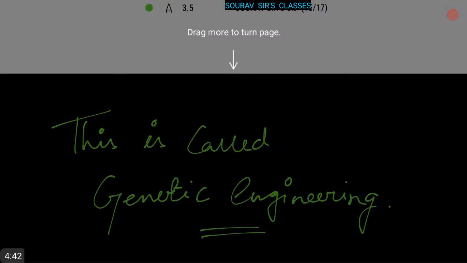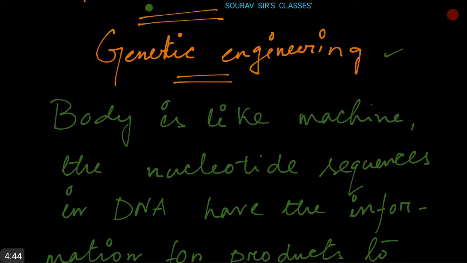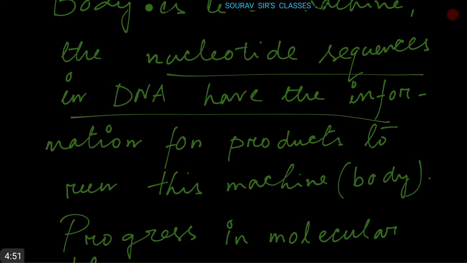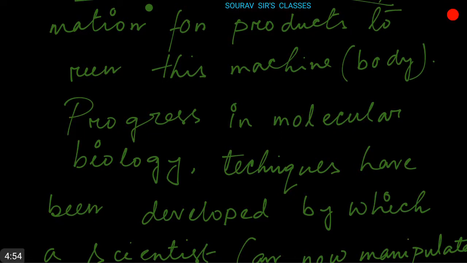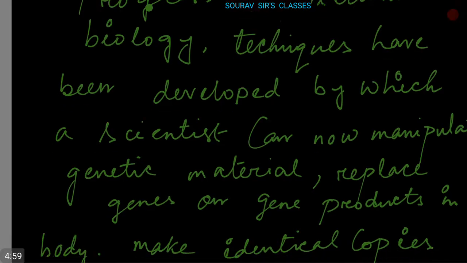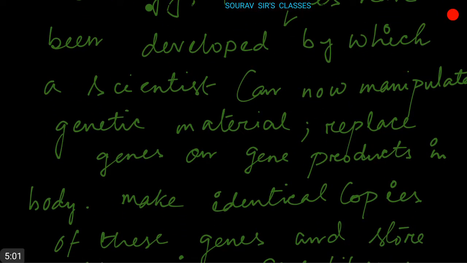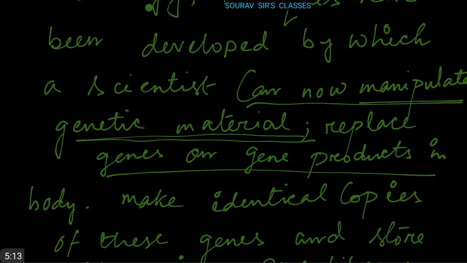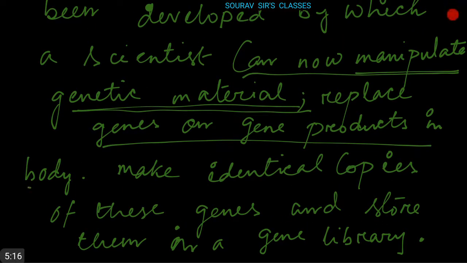So, in brief, the nucleotide sequences in DNA have the information for the products to run our body, and with progress in molecular biology, techniques have been developed by which a scientist can now manipulate genetic materials and replace genes and gene products in our body.